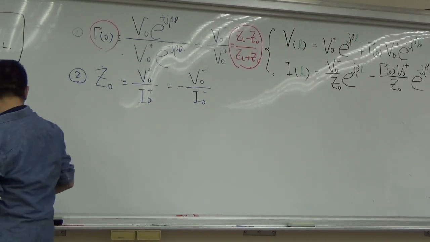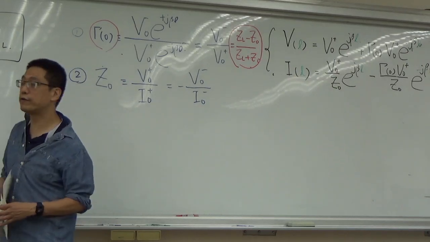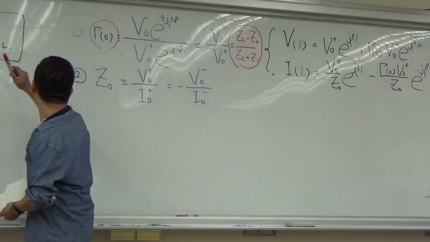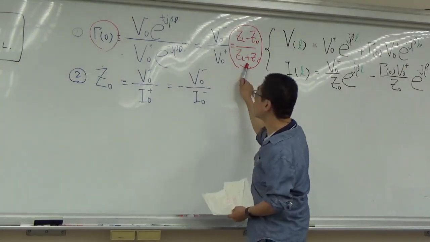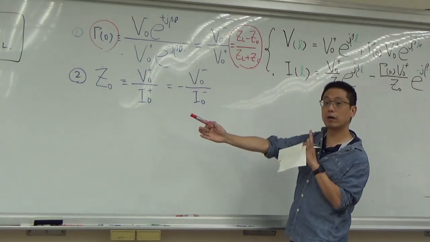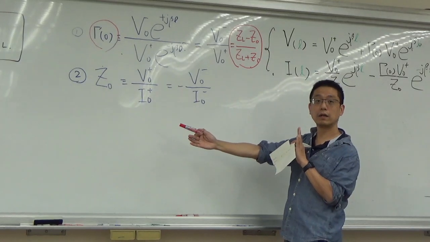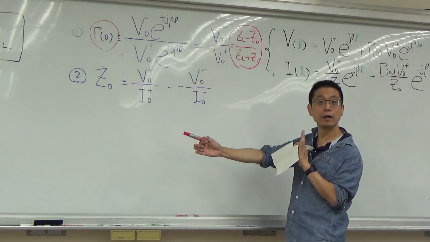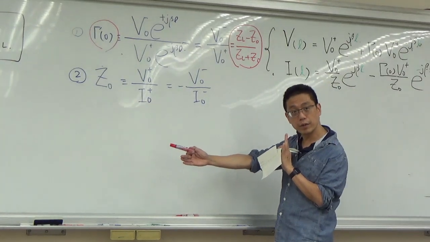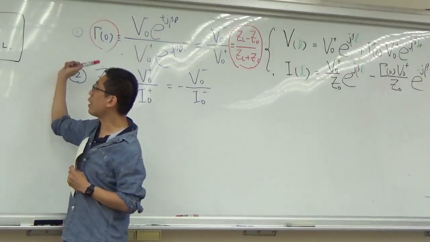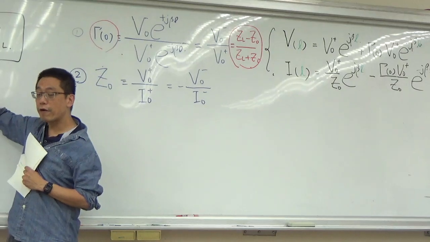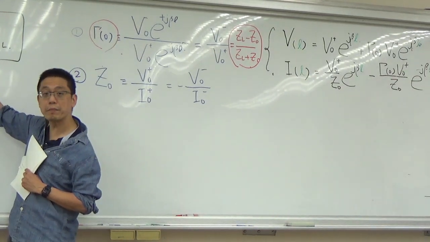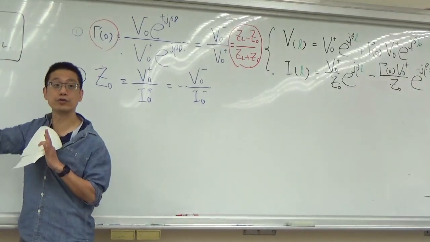So what is the reflection coefficient at z equals 0? You can directly write down this one, because the length of the transmission line doesn't matter. Understand? Because I'm trying to calculate the reflection coefficient at z equal to 0, so it doesn't matter whether it is long or short.